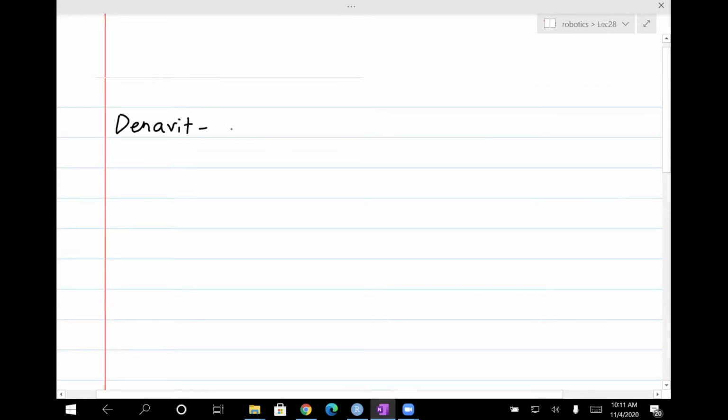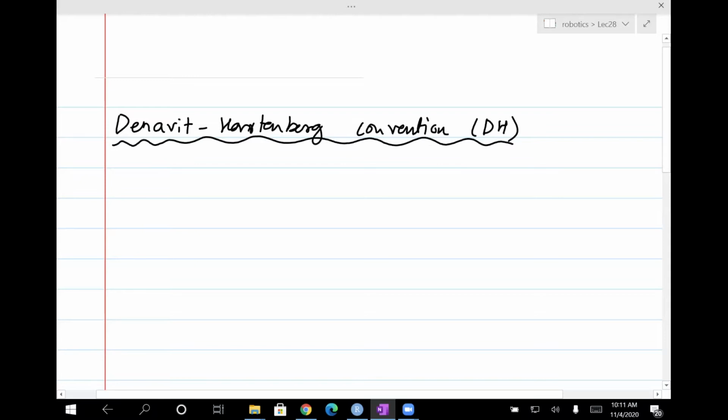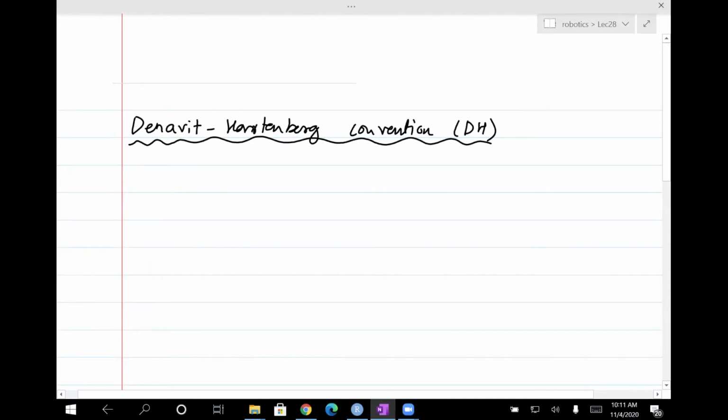This is important because if you open the manual of any robot, you will see a table which expresses these numbers, which are actually Denavit-Hartenberg parameters. If you know those parameters, you can recreate the kinematics of the robot and use it for inverse kinematics, motion planning, whatever you want. But it's important to know how this convention works.